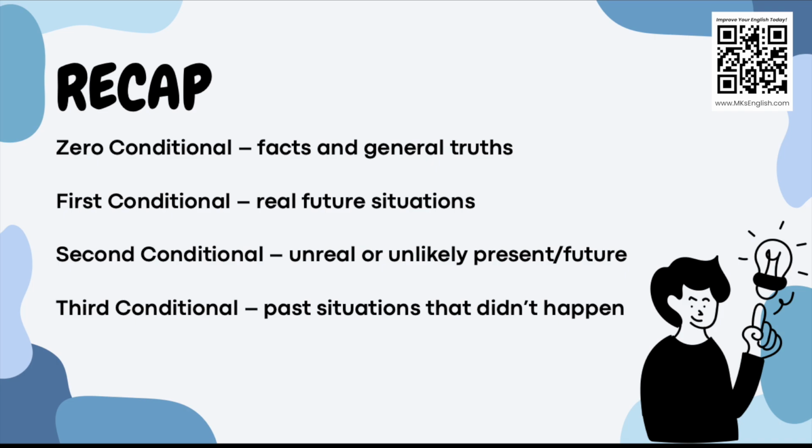The second conditional is for unreal or unlikely present or futures. For example, if I were rich, I'd buy a yacht. And the third conditional is for past situations that didn't happen. For example, if I had studied, I would have passed.